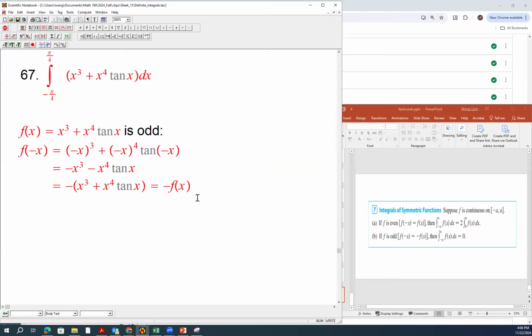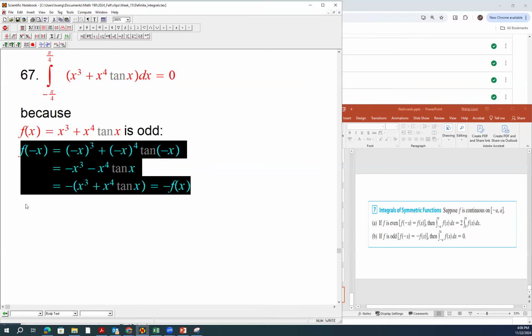As an odd function, on an interval from negative a to positive a, the integral is 0. Then you say because f is odd. Why is f odd? We have demonstrated f is odd.